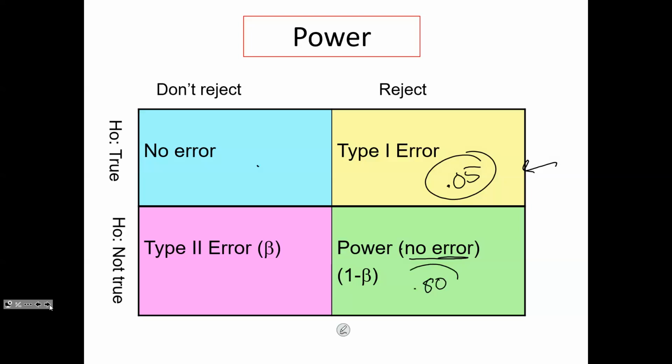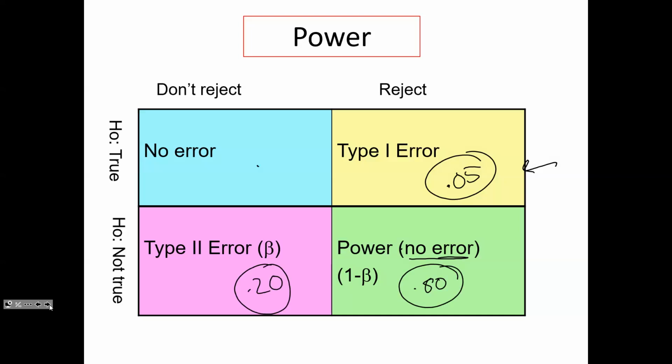So the standard for power is 0.8, which actually means that your type 2 error rate is 0.2, right? Which, if you stop and think about it, is kind of weird, because that means you're 4 times as willing to make a type 2 error as you are to make a type 1 error. Why is that? Think about that.